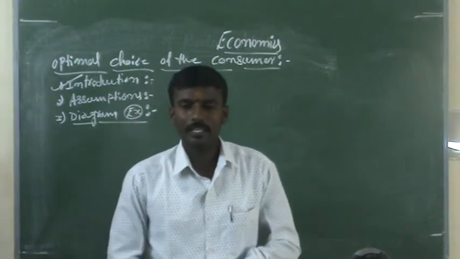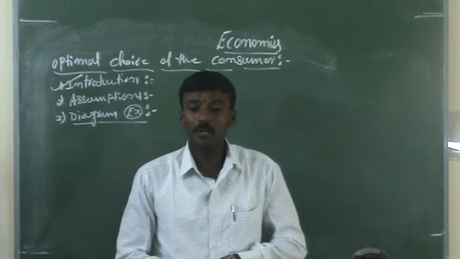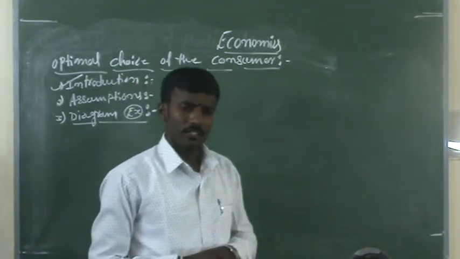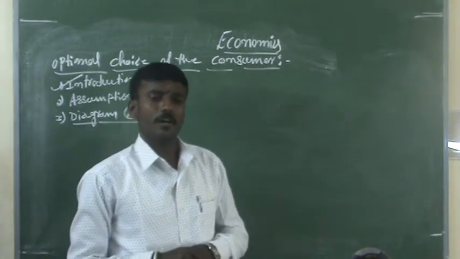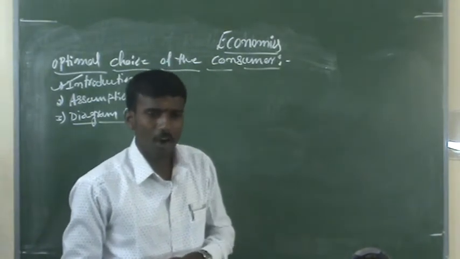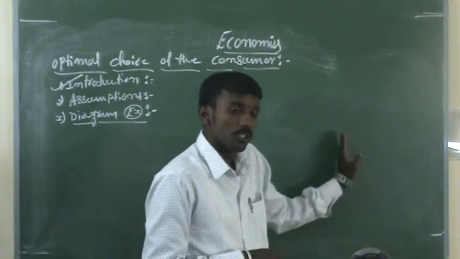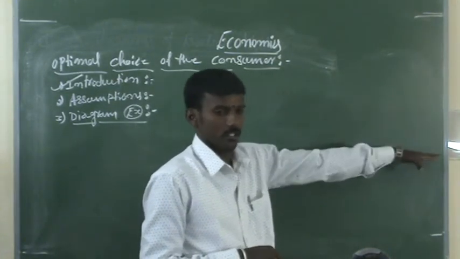The consumer can choose some consumption bundles from this budget set. Now, already I told that the budget set consists of all the bundles of goods and services that are available to the consumer.